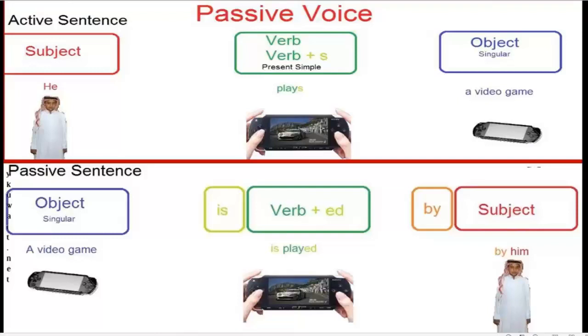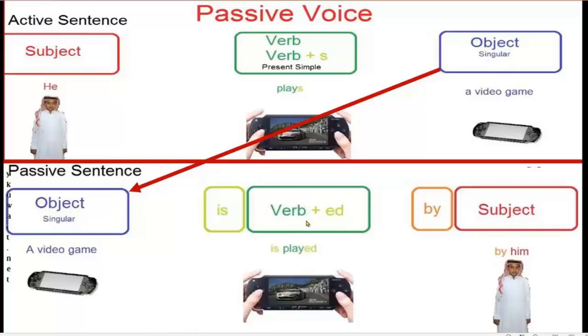Pay attention with me. Try to understand the passive voice in the present simple tense. Okay, we start the sentence with the object. We follow the object with is or are. Is for singular and are for plural.